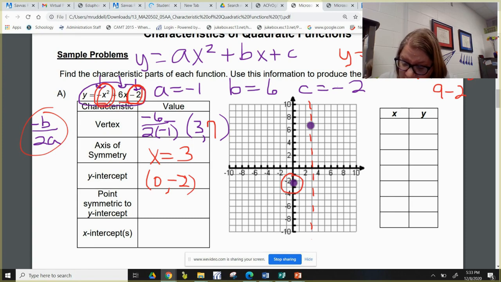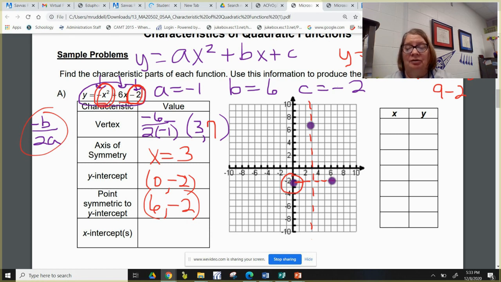It's 3. 1, 2, 3. So go 1, 2, 3. And that's going to be 6, -2. It has the same y value as the y-intercept. It's the mirror image across that axis of symmetry.